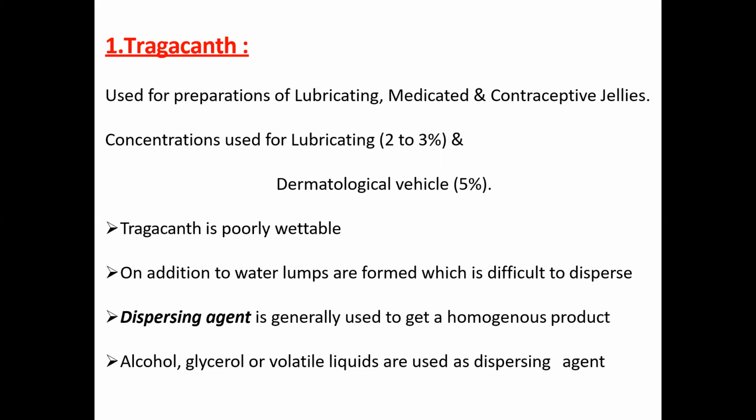Tragacanth is very poorly wettable. When we add water to it, lumps are formed, which are difficult to disperse in the formulation. To prevent this lump formation and difficulty in dispersion, a dispersing agent is added to the mixture, which forms a homogeneous product.